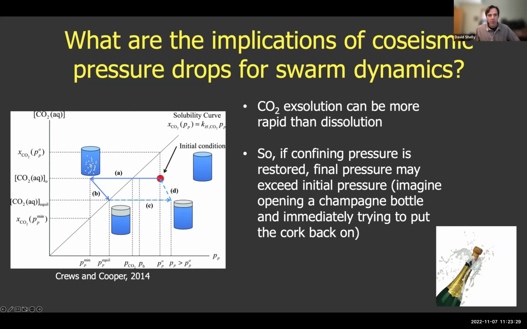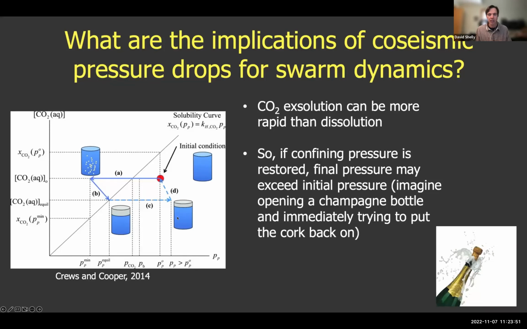And what happens is that as you get this pressure drop, that's this arrow here, you start to form bubbles, CO2 comes out of solution. But if you restore the confining pressure, you can actually exceed the initial pressure because the CO2 does not go back into solution as rapidly as it comes out of solution.